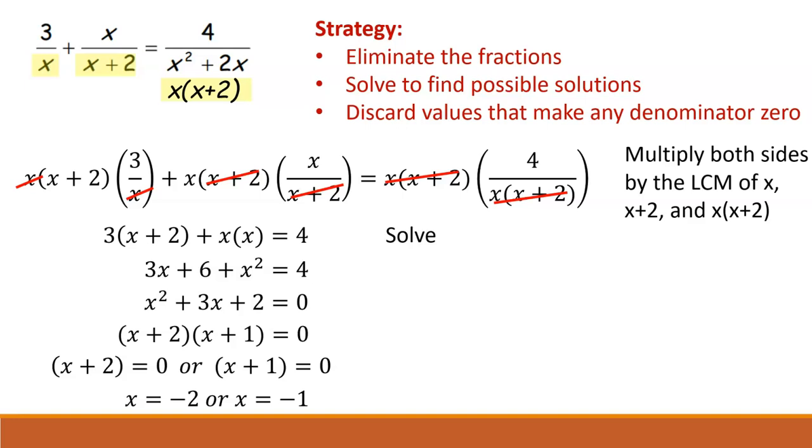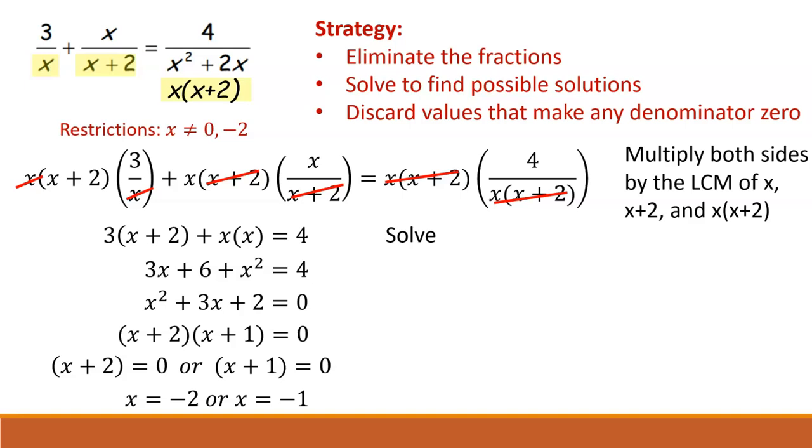Well, we can see that the first fraction has a denominator of 0 when x is 0, and the second one has a denominator of 0 when x is negative 2. And the third fraction has a denominator of 0 for either 0 or negative 2. So those are two restrictions on our variable. We can't allow either of those numbers to be a solution to the equation.